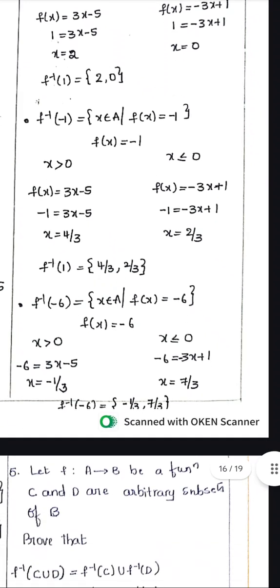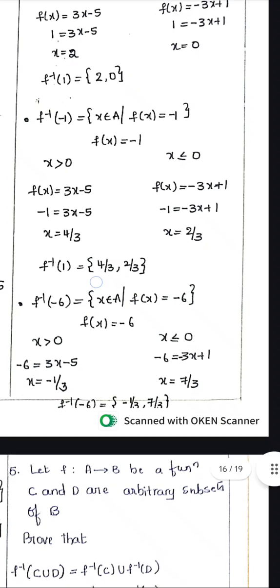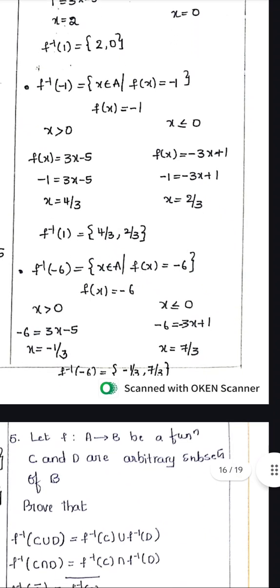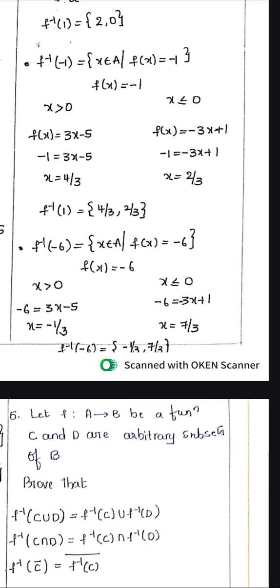Then f inverse of minus 1, for x belongs to A, f of x equals minus 1, we will have x greater than 0, x less than or equal to 0. f of x equals 3x minus 5, minus 1 equals 3x minus 5.